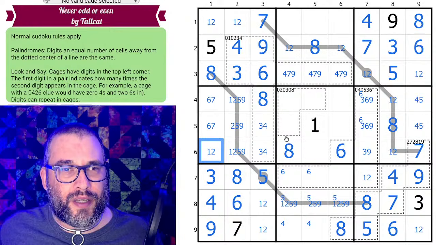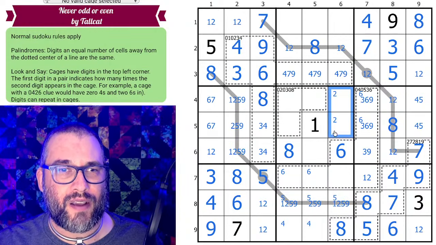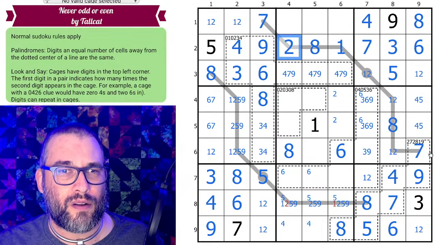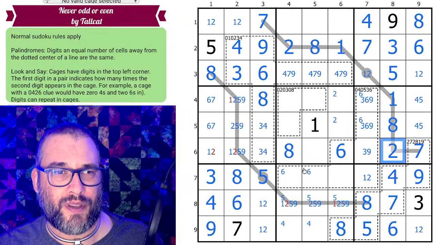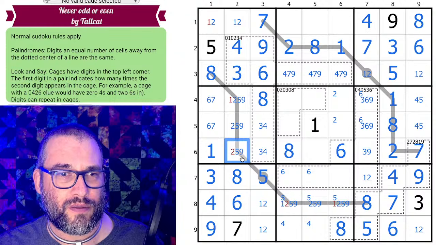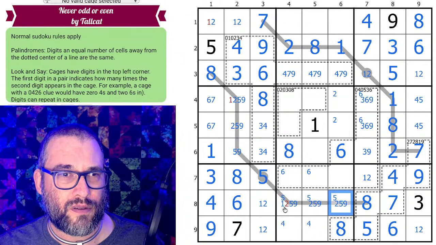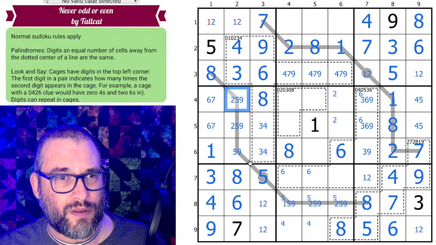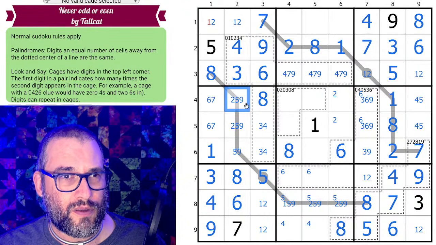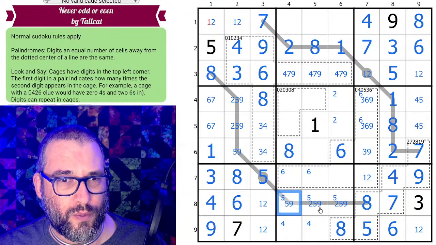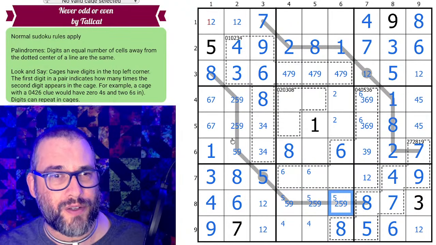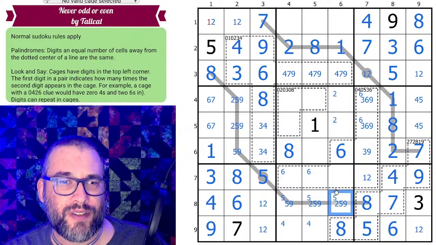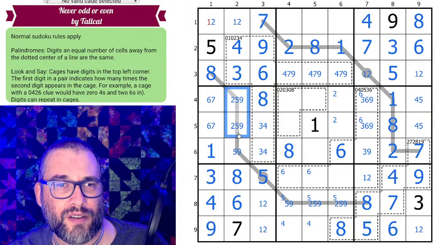Now we've got 1, 2, so we've got a 2 here, which resolves this business. So there's actually no room for 1 on here. So that's a 5, 9, 2, 5, 9, 2, 5, 9. So there definitely is a 2 on here.